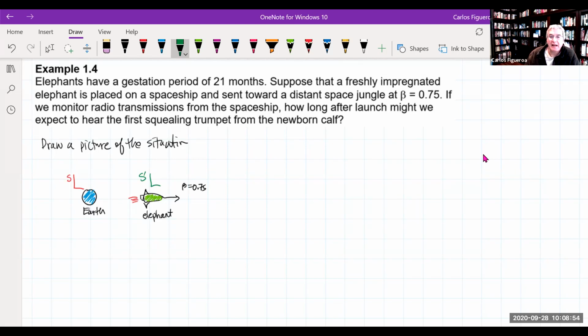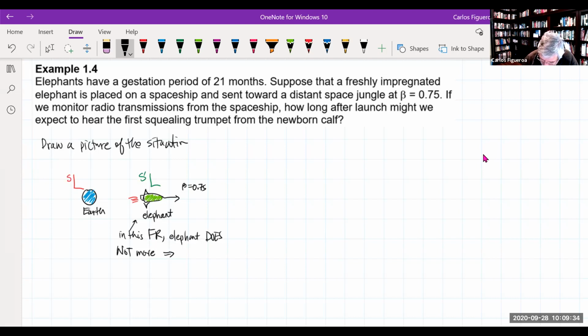Now, if I think about physics-wise, of course, the elephant is going to have its time digestion, ooh, that came out pretty, dilated. So in this frame of reference, what we know here is that the elephant does not move. Okay? And how long does it not move for?